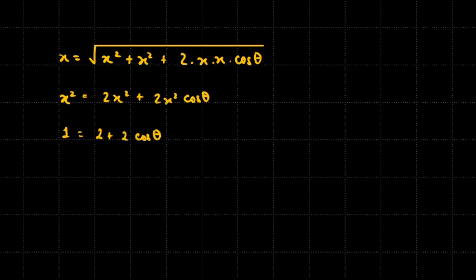So now what should we do? Let's move everything. This will be minus 1 equals 2 cos theta, which means cos theta will be minus 1/2. If you remember the angles of cos and the values they give, we know that cos 120 degrees gives us minus 1/2.